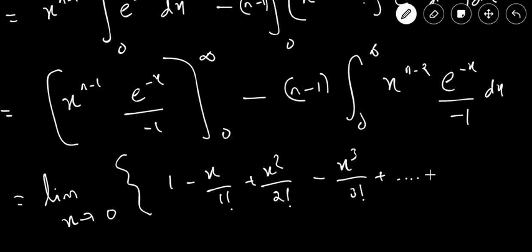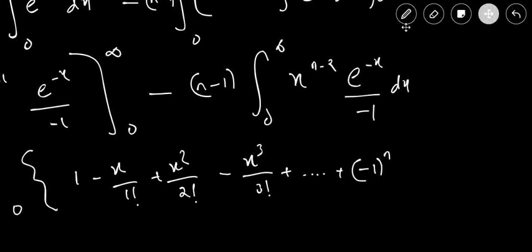So we have to generalize, so for the odd powers of x we have minus terms, that is minus 1 raised to n times x to the power n upon n factorial plus etc., and it goes up to infinity.